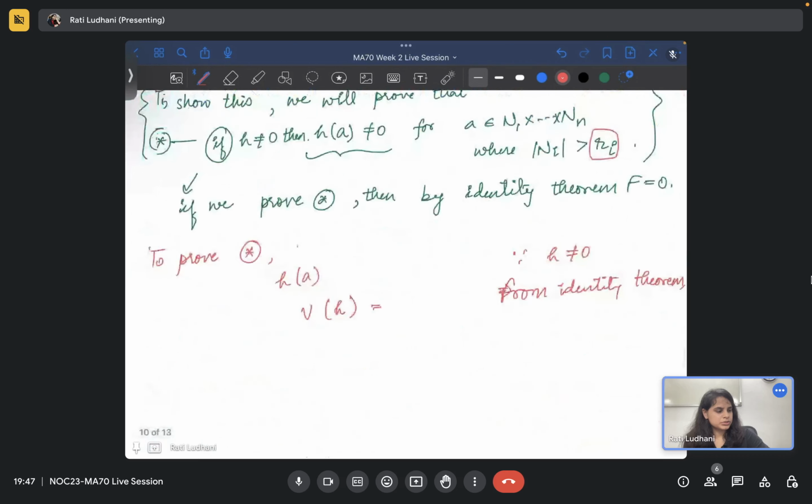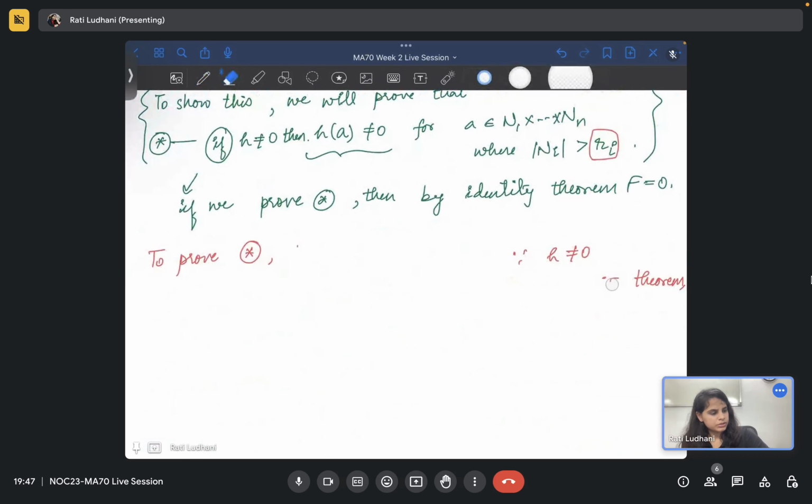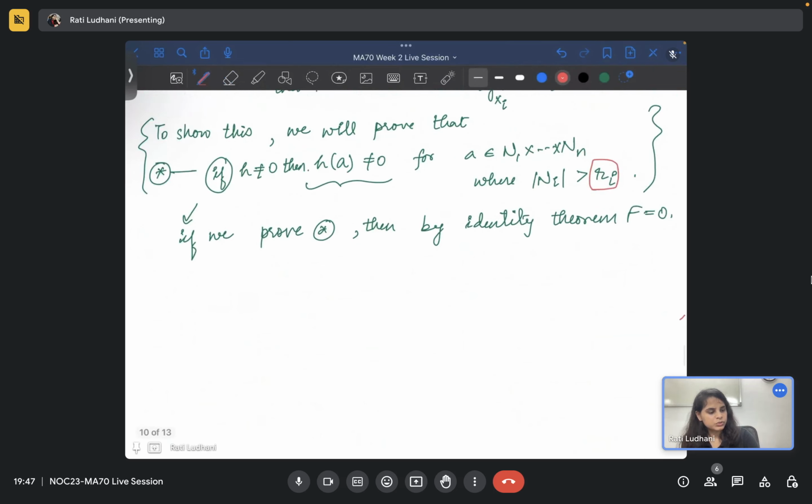Okay, so as we have cleared now, we have to prove star. Star is the thing we need to prove. So we are to prove star, we are using induction.